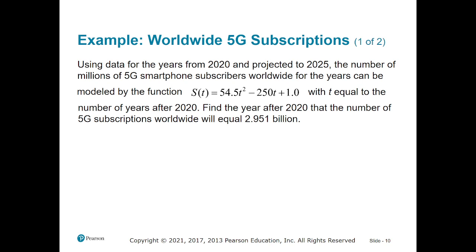Okay, let's try to start applying this. So if we've got data from the years 2020 projected to 2025, the number of millions of 5G smartphone subscribers worldwide for the year can be modeled by this function here. S of t is 54.5 times t squared minus 250t plus 1.